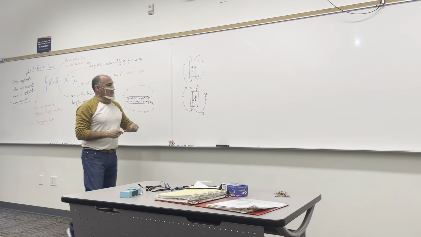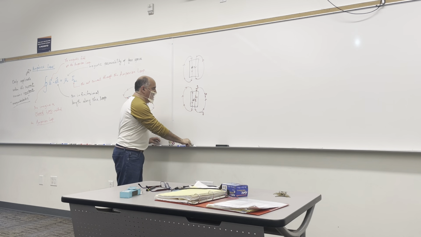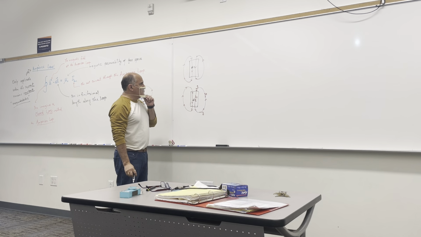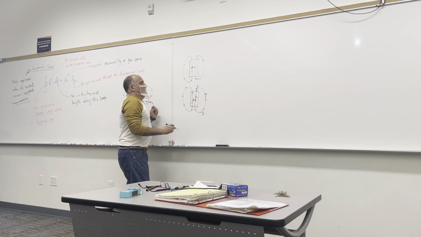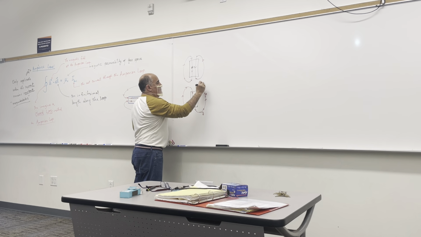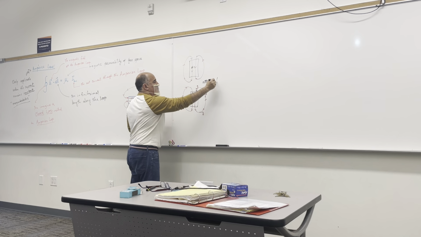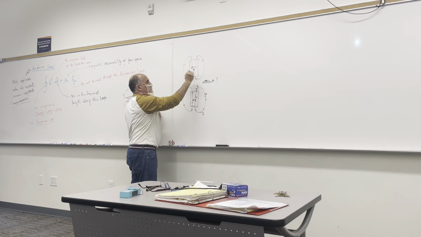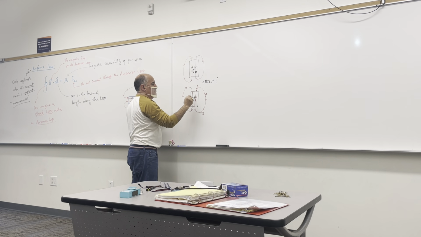Now, if you have these two magnets interact with one another, they end up attracting. In other words, this magnet feels a pull this way, a magnetic force, and this one feels a pull this way.